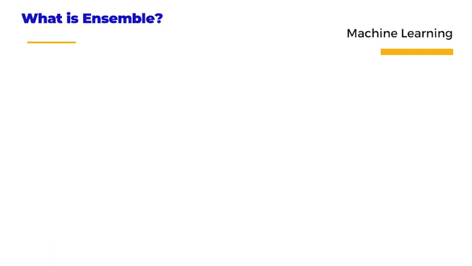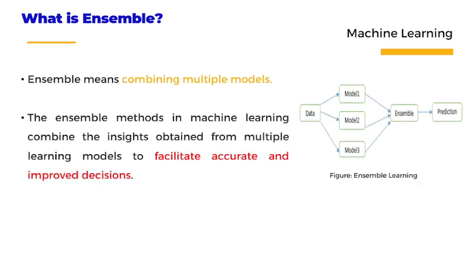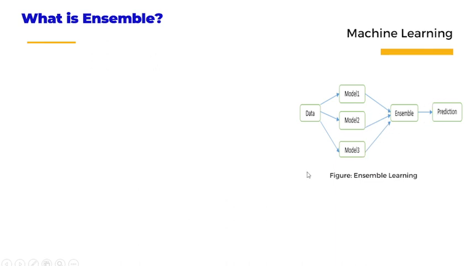Now, let us look at what an ensemble is. Ensemble means combining multiple models. The ensemble method in machine learning combines the insights obtained from multiple learning models to facilitate accurate and improved decisions. Here the ensemble combines the results obtained from the multiple models and gives more accurate predictions.